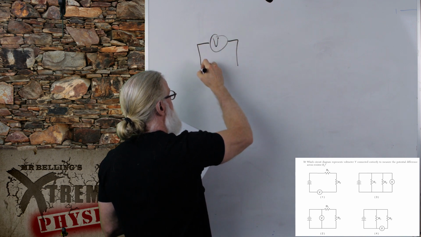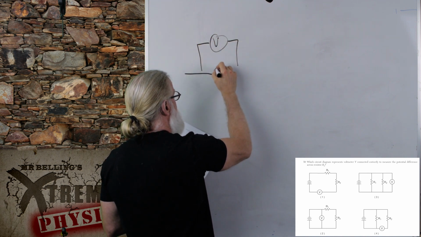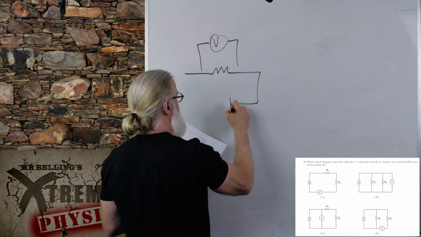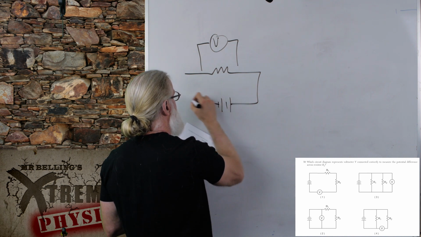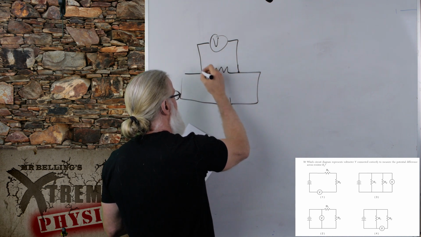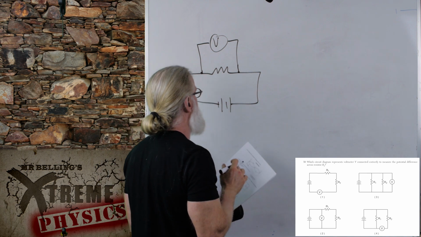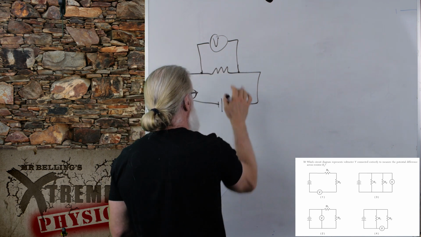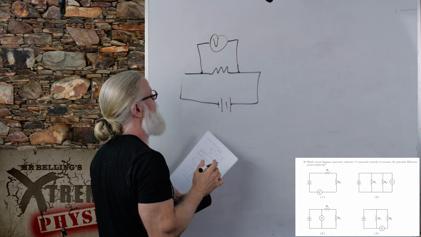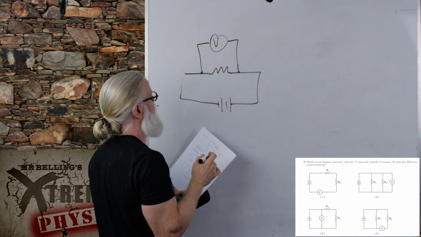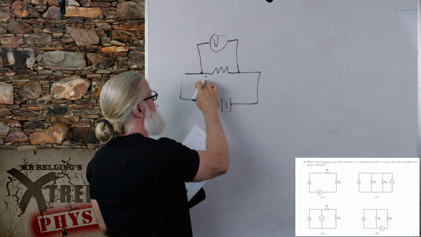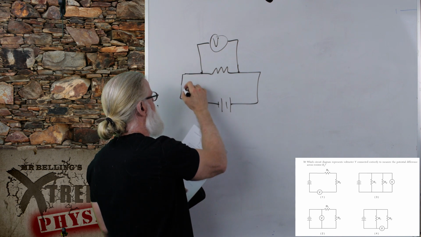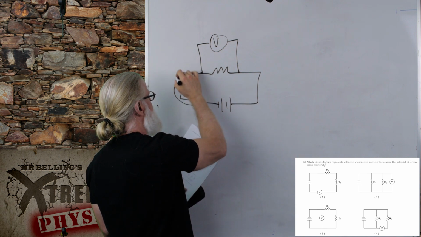If we had a resistor like that, we would connect it like that, and we would measure the potential difference between here and here with a voltmeter. Since we don't want it to affect the circuit, the current's going around like this.